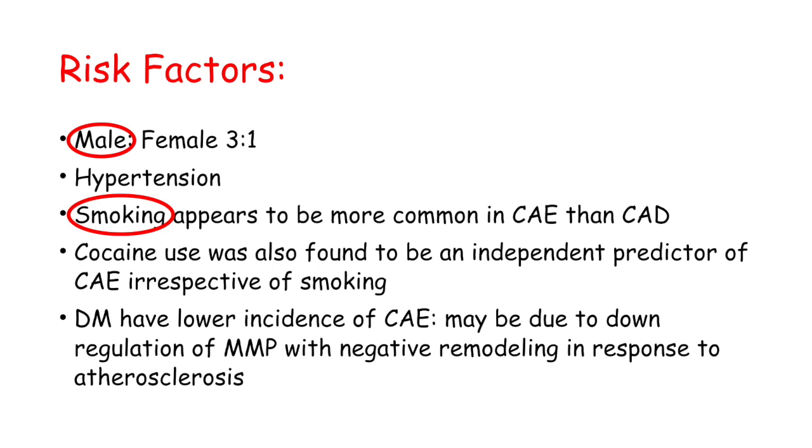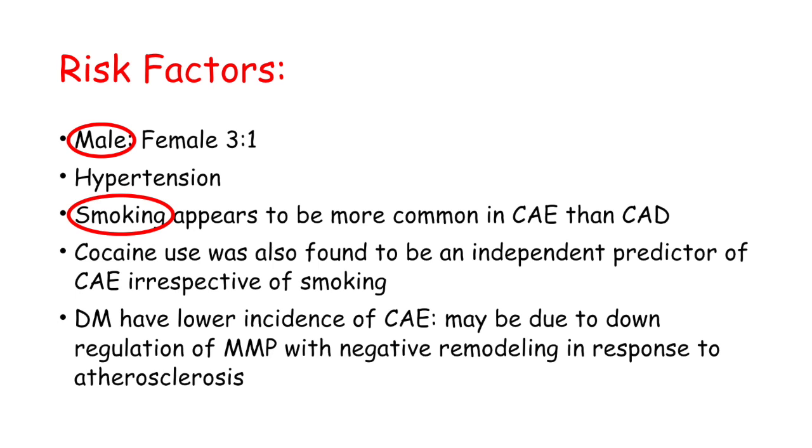In our patient that we presented early on, he is a male and he has a smoking history, so he has 2 risk factors for coronary ectasia that we have seen. On the other hand, diabetes has a lower incidence of coronary ectasia than other risk factors. And that may be due to downregulation of the matrix metalloproteinase enzyme in diabetic patients.